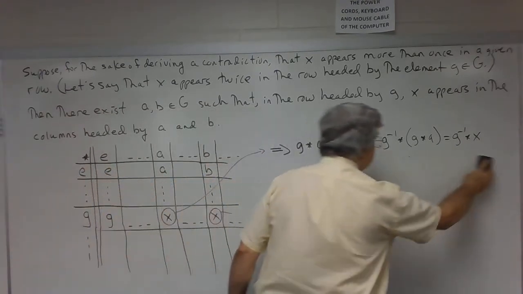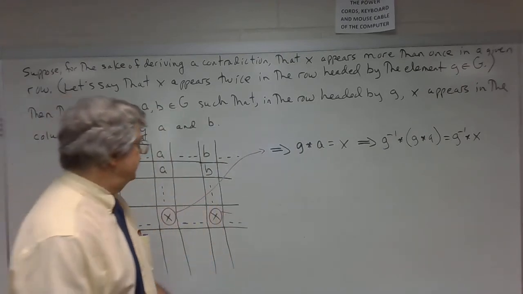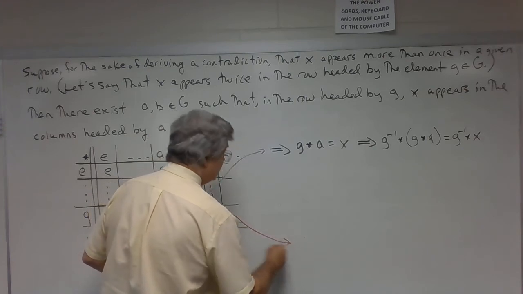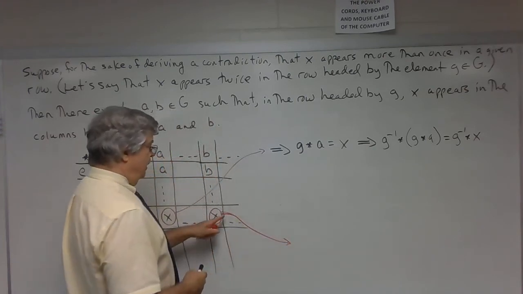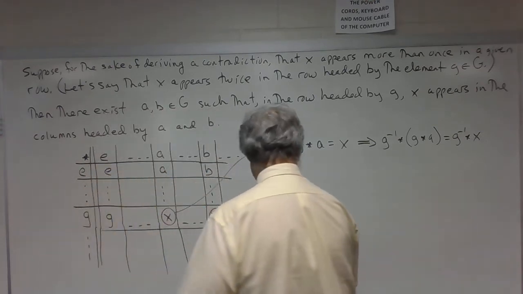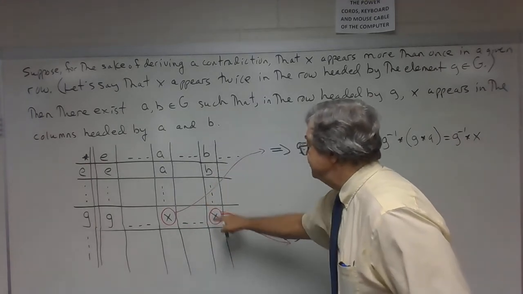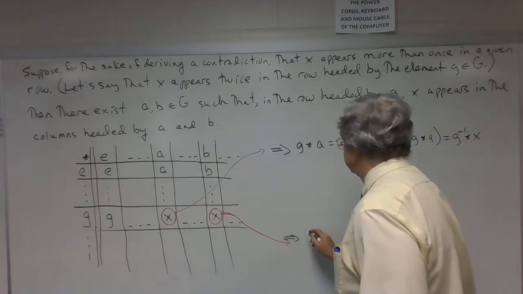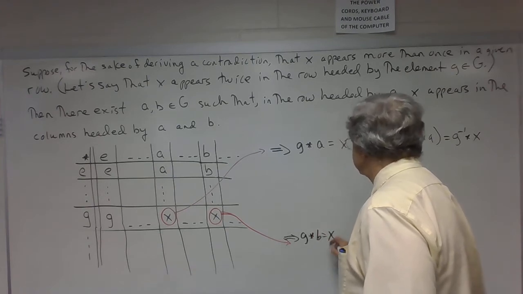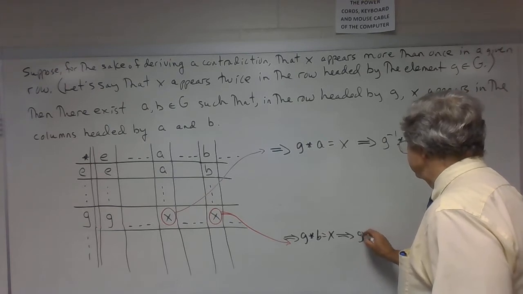Just for the sake of making this more visually organized, I'll write what I had up here down here. So this means what? G star B equals X. And then I multiply both sides by the inverse.